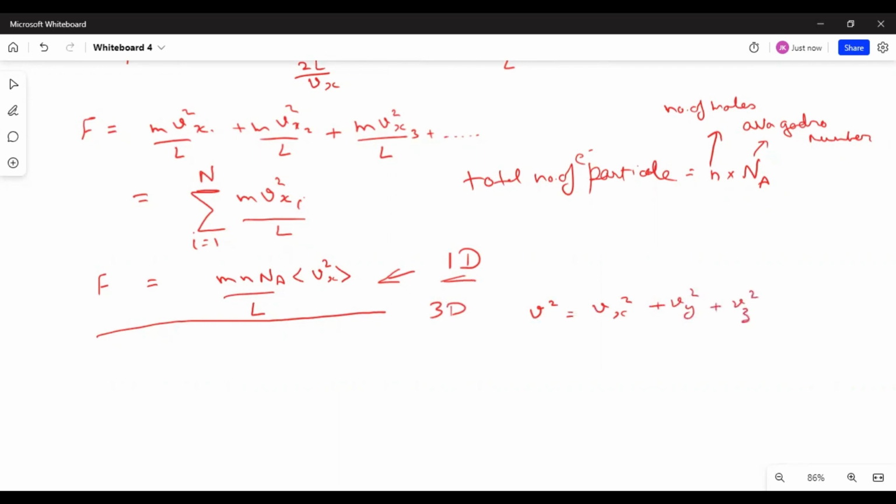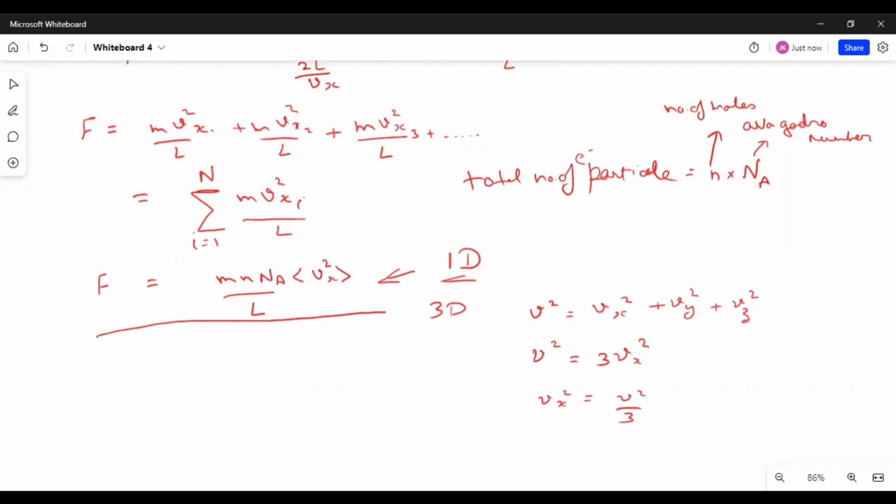If we assume that this material is the same in all three directions, then V square will be 3 times Vx square, or Vx square will be V square by 3.